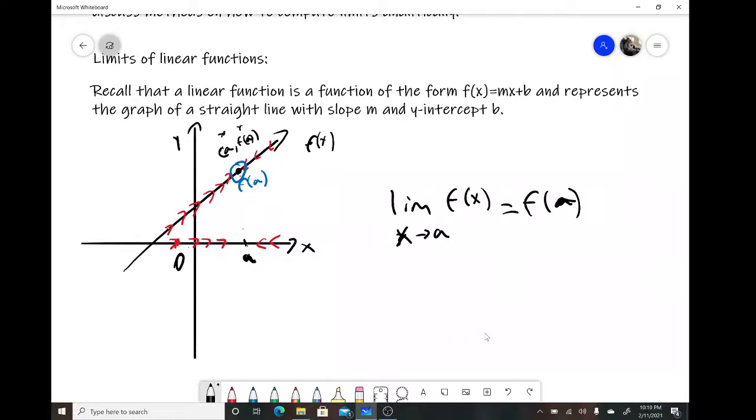If we travel along this line from the left side and the right side, the left-sided limit is going to be f of a, and the right-sided limit is also f of a. So the limit of f of x as x goes to a is precisely the value of the function evaluated at a.